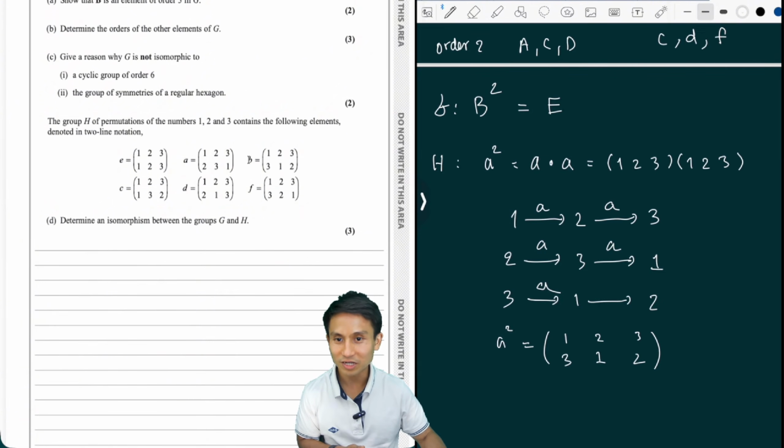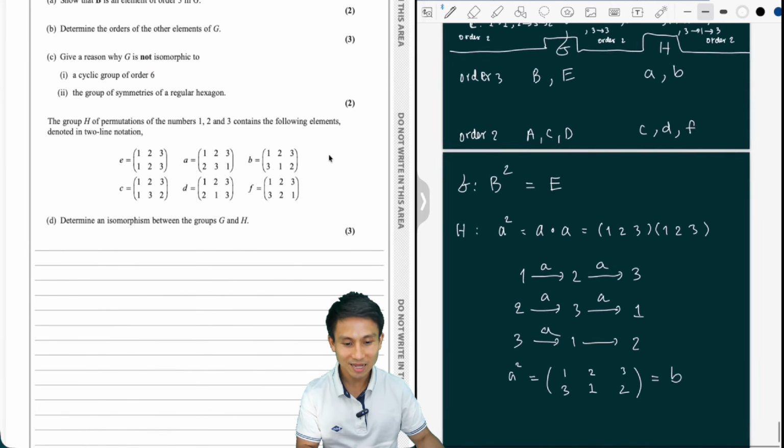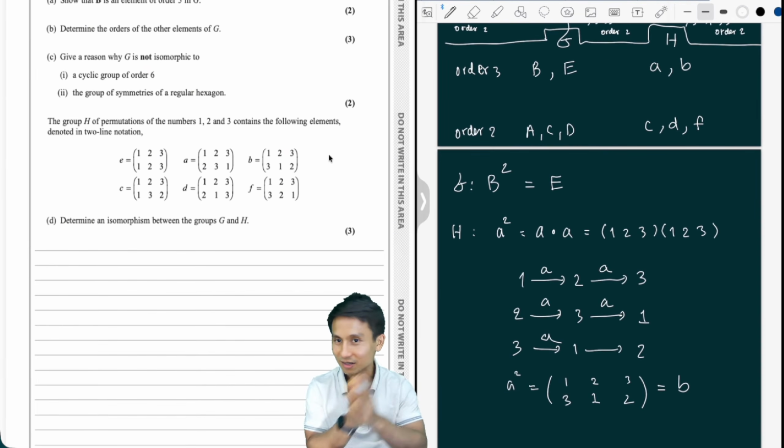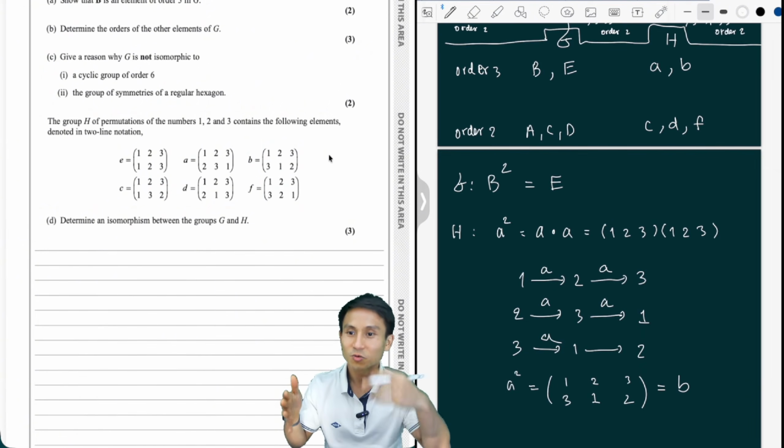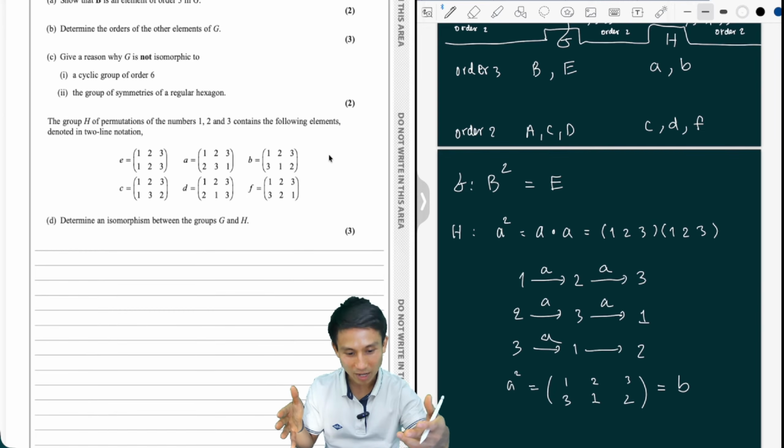Well, if we check, this is the same as the operator B, the permutation B here. So this is equal to B. Aha! Isn't that the same behavior as B squared equals E? Now we have A squared in their terms, which is to apply the permutation twice.